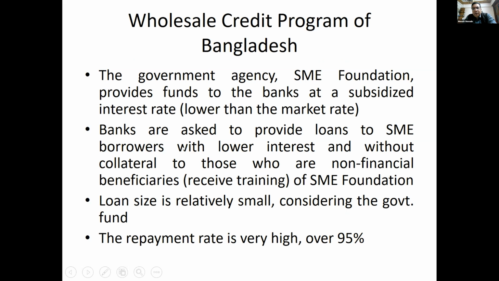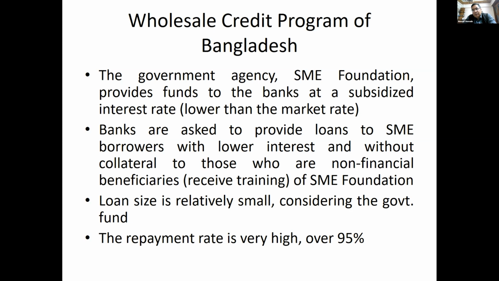This wholesale credit program mainly comes from a situation when the credit interest rate in the market was above 12% or 15%. Then the government agency, SME Foundation, provided funds to the banks at a subsidized interest rate, and asked banks to provide loans to SMEs at an interest rate of 9%, a single-digit interest rate. They also asked them not to take any collateral.